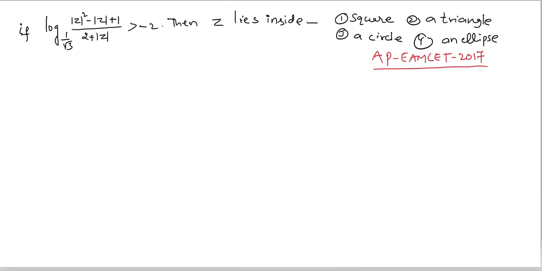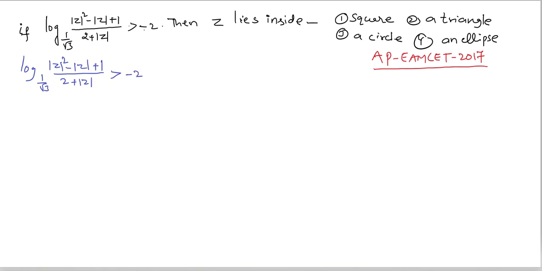If log of mod z square minus mod z plus 1 by 2 plus mod z, base 1 by root 3, is greater than minus 2, then z lies inside dash. This is an AP EAMCET 2017 question. Here is given log of mod z square minus mod z plus 1 by 2 plus mod z base 1 by root 3 greater than minus 2.